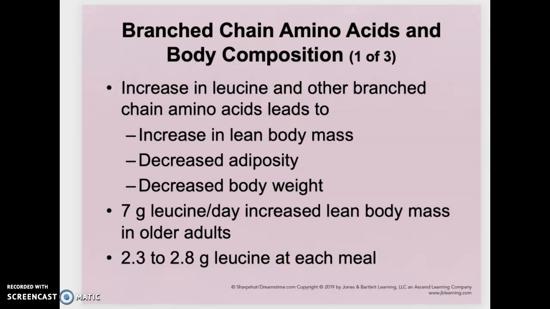But what they find is that incorporated with a calorie controlled diet and with a diet adequate in complete proteins, with the addition of branched chain amino acids to those two circumstances, they can increase lean body mass, decrease adiposity, and decrease body weight.